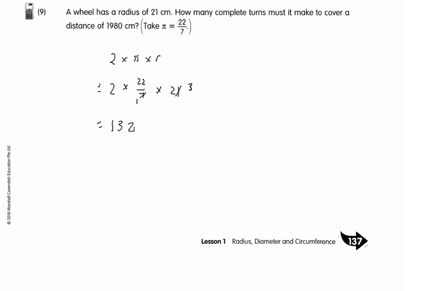Go, Sky, what does 132 stand for? Distance covered by one complete turn, right? Distance covered by the wheel in one complete turn.